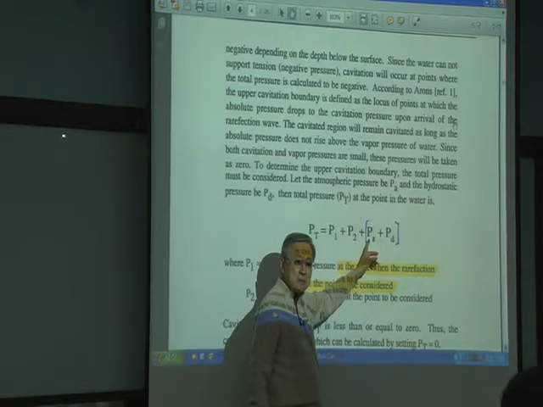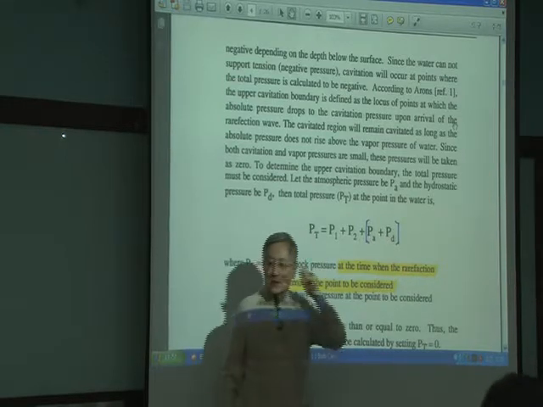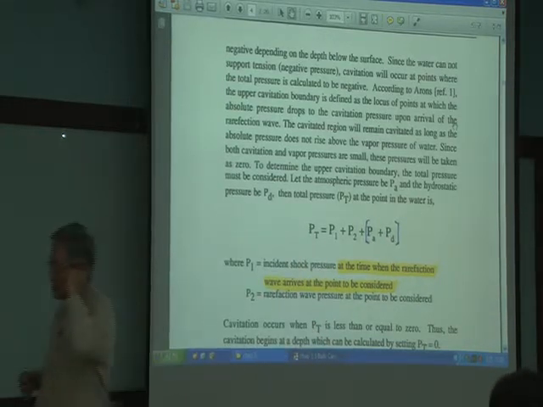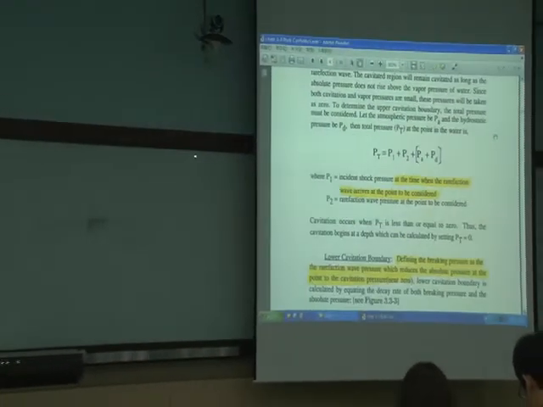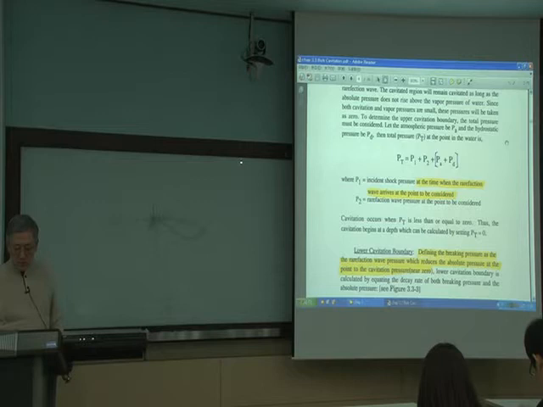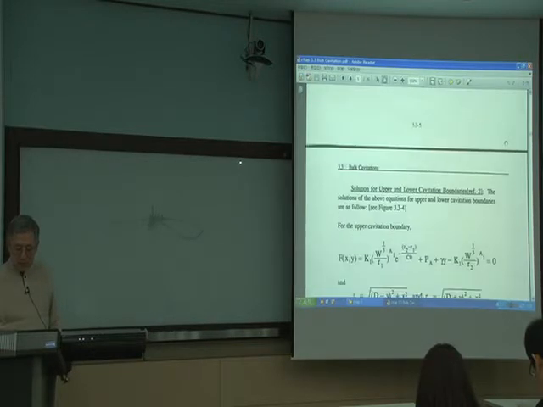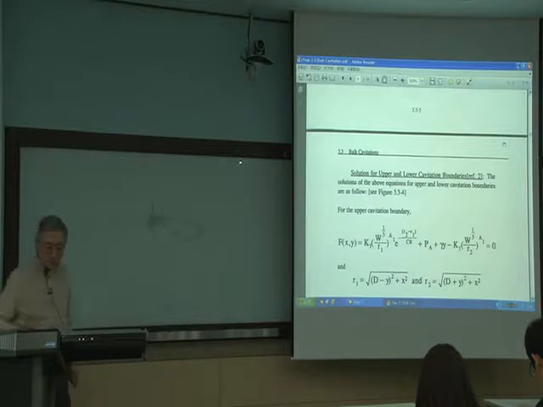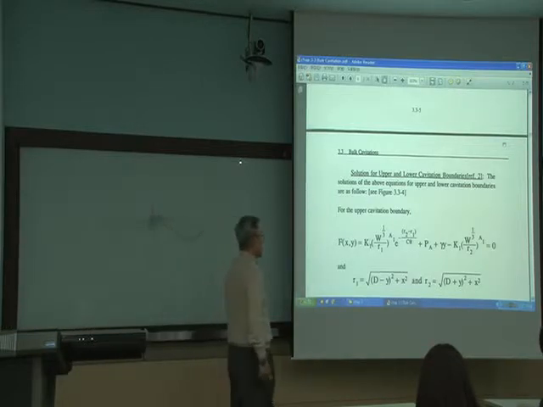And PA is atmospheric pressure. PT is hydrostatic pressure at the target point. So to do that, I have shown right here the upper cavitation boundary.